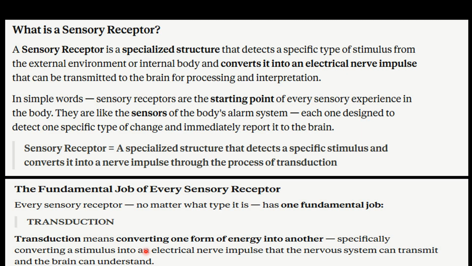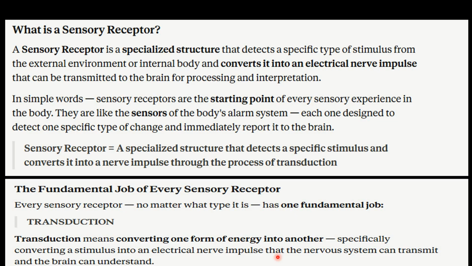Transduction means converting one form of energy into another, specifically converting a stimulus into an electrical nerve impulse that the nervous system can transmit and the brain can understand. So what is transduction?